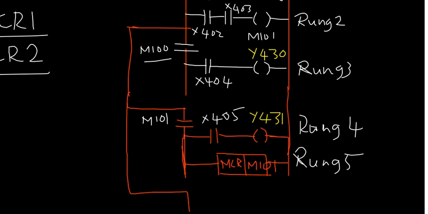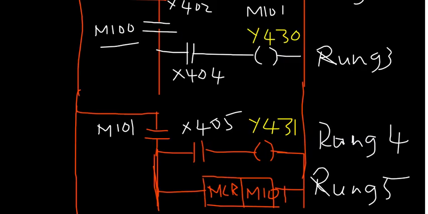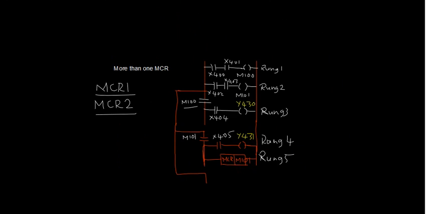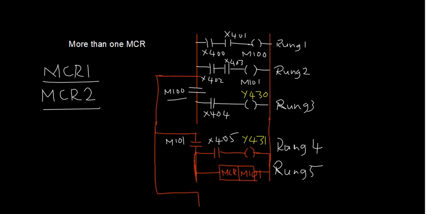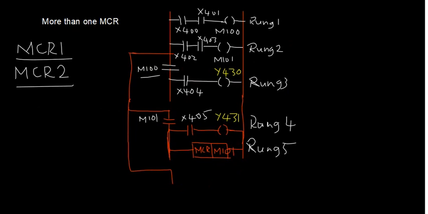So now if you look at this diagram, I will make it a little small so that in one frame you should be able to see everything. You have started from one master control relay, that is say M100, which is getting activated by virtue of some input or inputs, whether they are ANDed, ORed, XORed, whatever it is, right. Then you have one more master control relay, that is M101, which is again getting activated by one input or multiple inputs, ANDed or ORed.